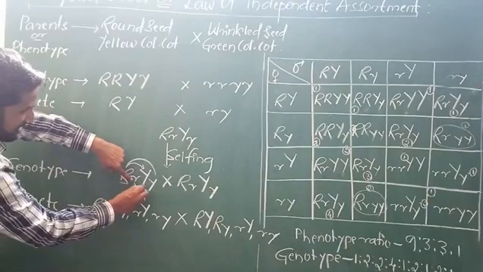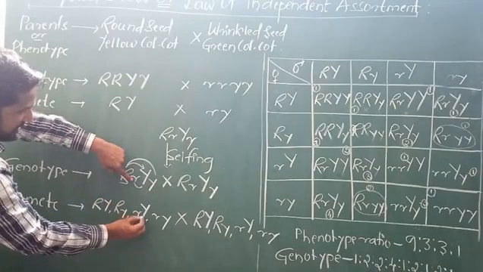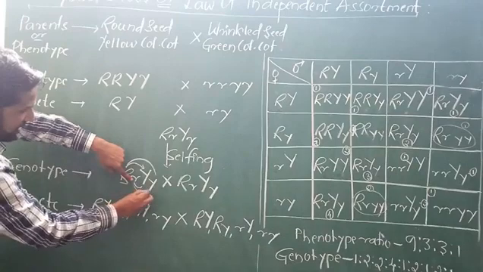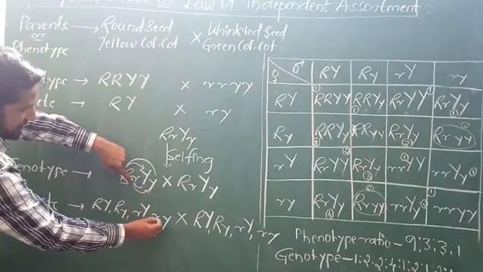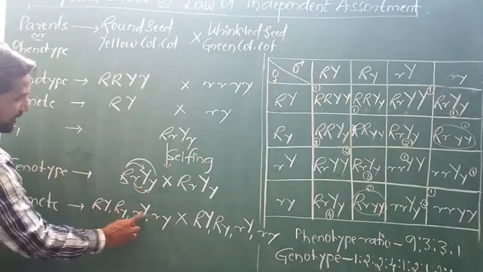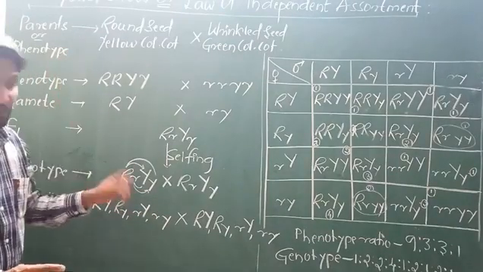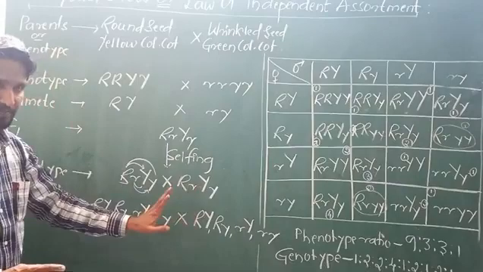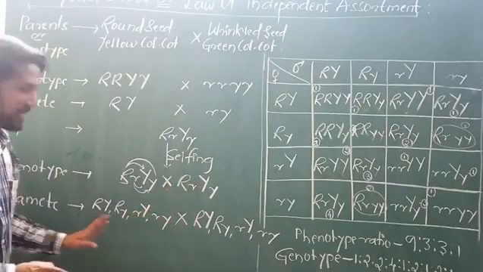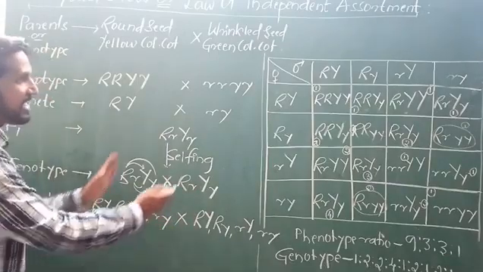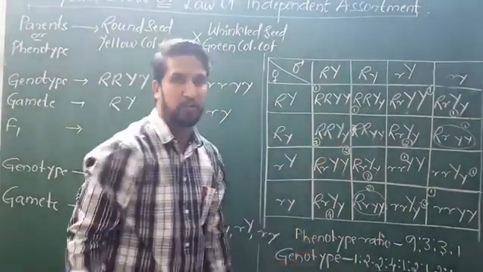Now small r with capital Y, and small r with small y. Right? 1, 2, 3, 4 gametes will form. In a dihybrid, it is 4 plus 4 because of the other factor. And these gametes are put under the checkerboard.